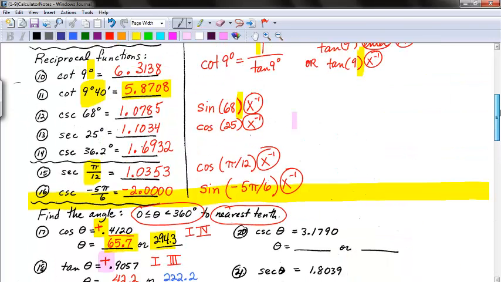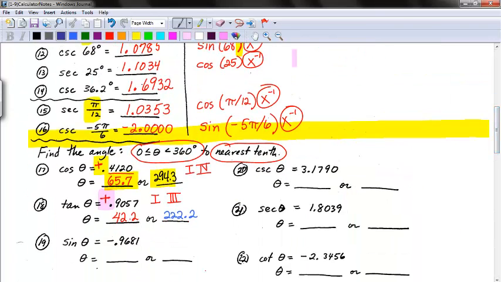Let's go back up to number 19. What you have to look at is this part right here. Sine is negative in what quadrants? 3 and 4. Okay, so you know the value of the function, you don't know the angle.